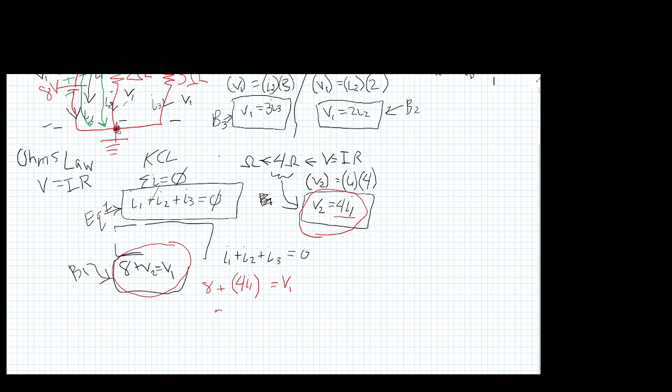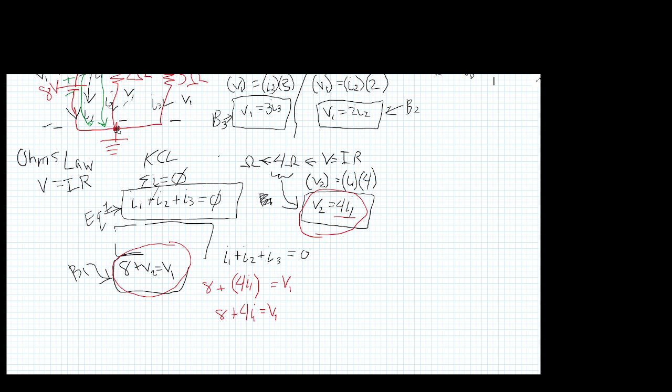And we're left with 8 plus 4 I sub 1 equals V1. Okay. So now we got 2 equations and 2 unknowns. Well, actually we got more, but let's do it again.